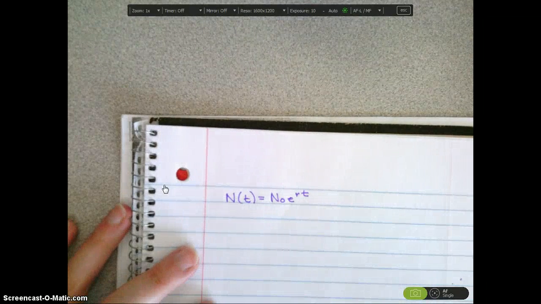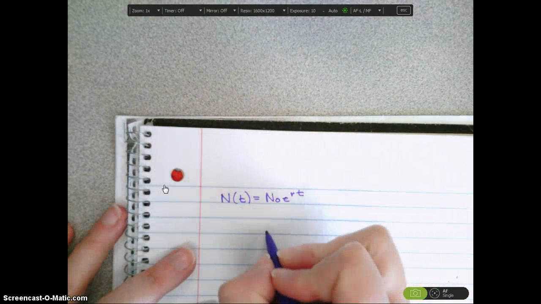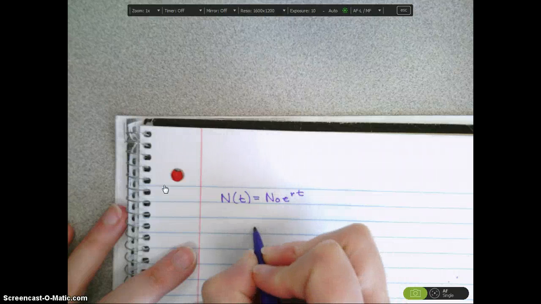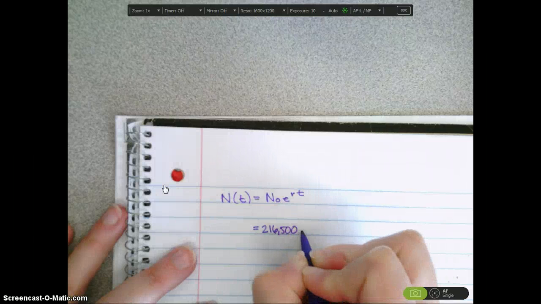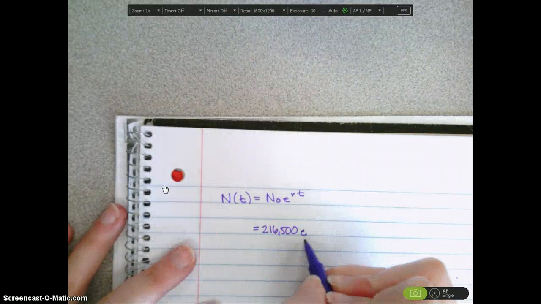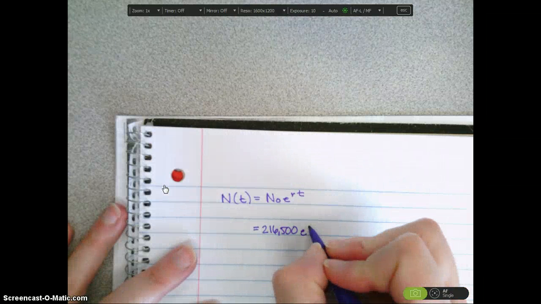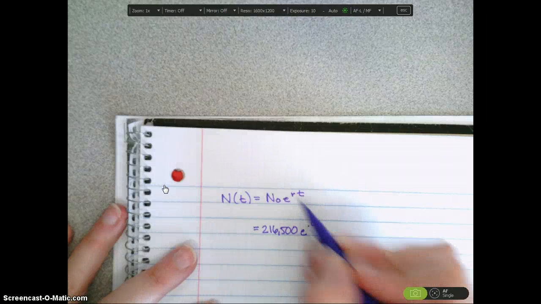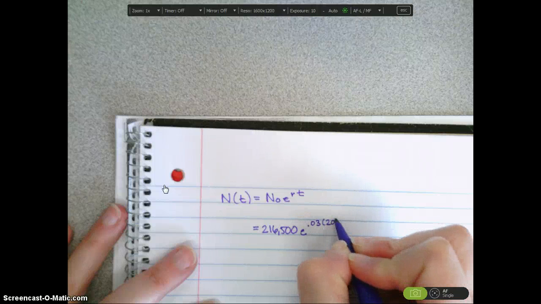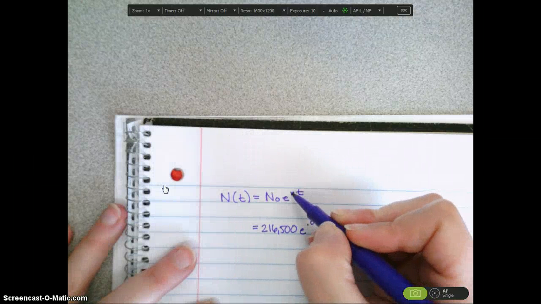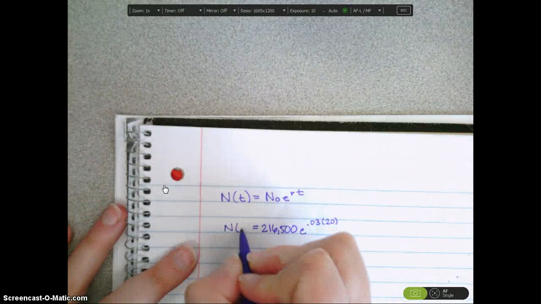If you look back, they gave us some examples, like if the population of Miami started as 216,500 people, and people can grow continuously, and that's why we use that e. They're growing continuously at a 3% rate, so the r becomes 3%, and we want to know how many people they will have 20 years from now. So t was time, r was rate, and N sub 0 was our starting amount. And this would just be our new amount.